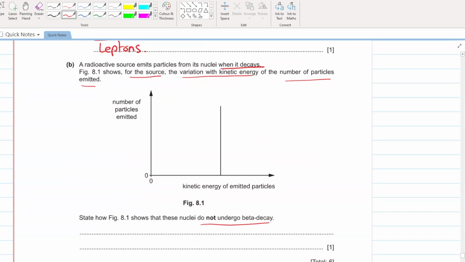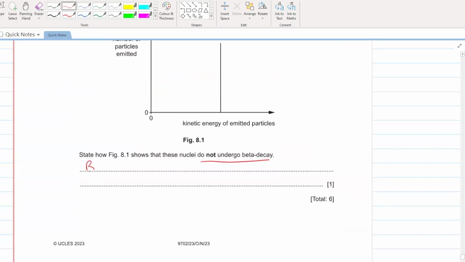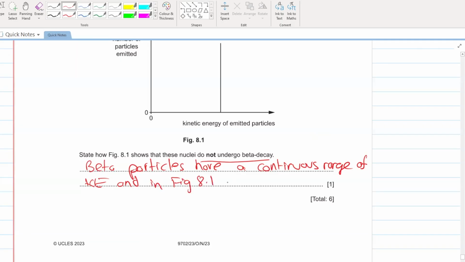Beta particles have a continuous range of kinetic energy, and in figure 8.1 kinetic energy is constant. If you have any questions you can ask, otherwise we end this class.